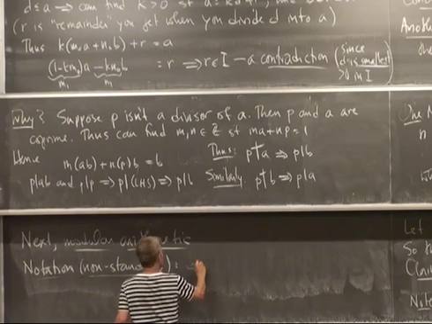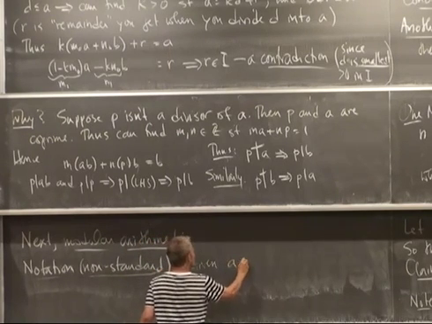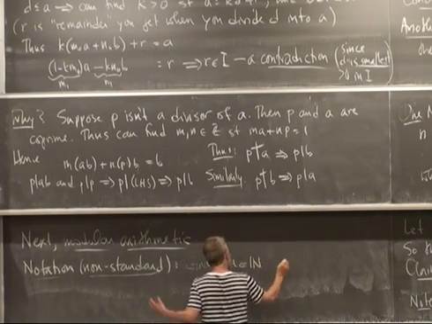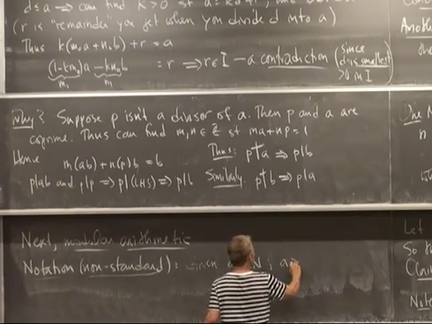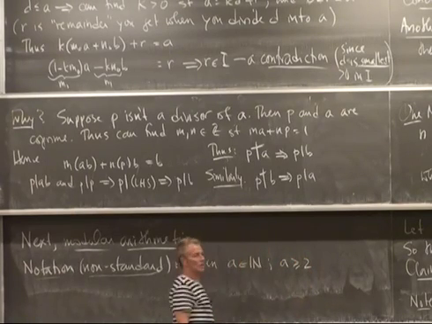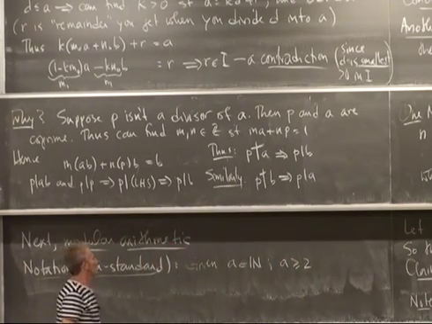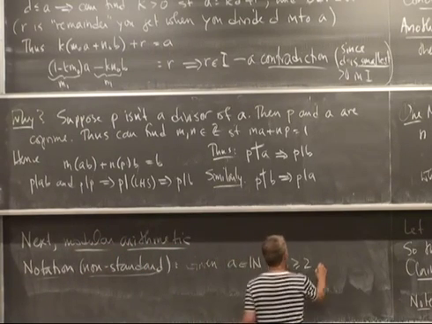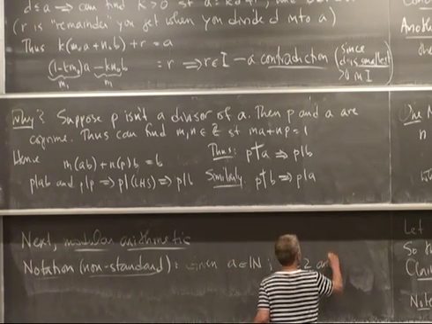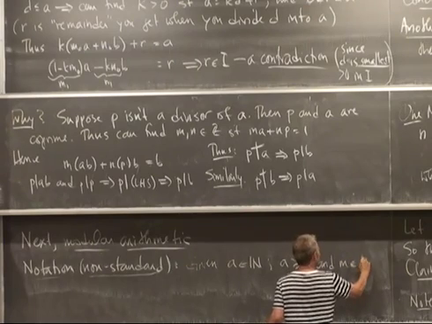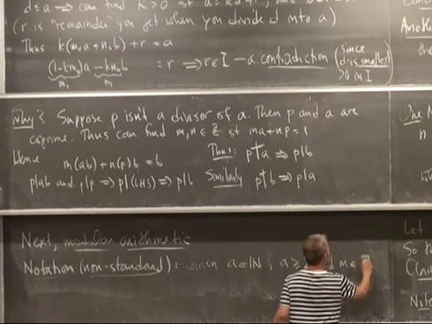Suppose I'm given A in the natural numbers, and I'm going to assume A is bigger than or equal to 2 to make things non-trivial. Okay? And m in the natural numbers, or m in the integers.